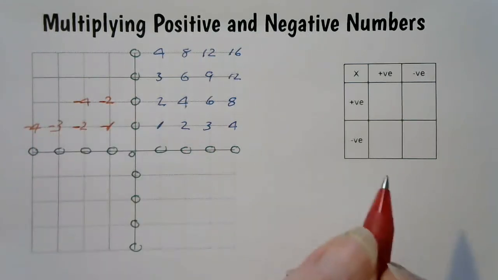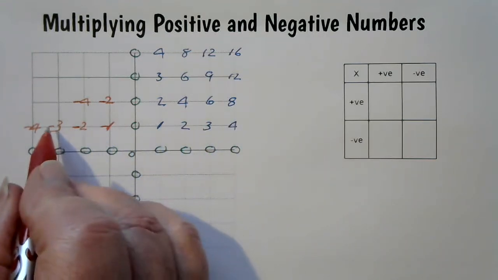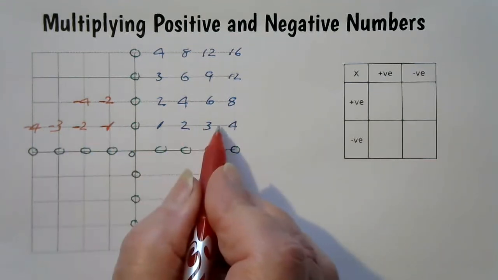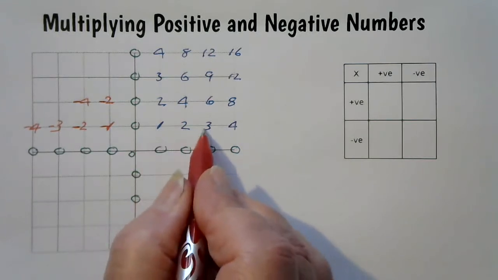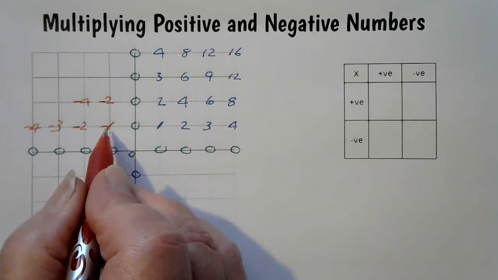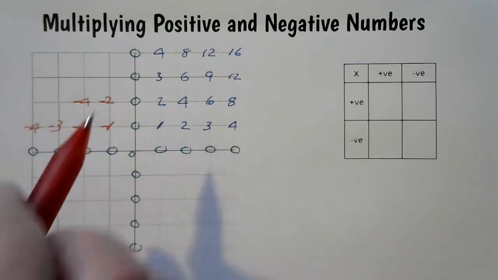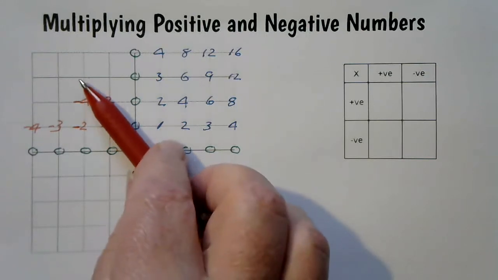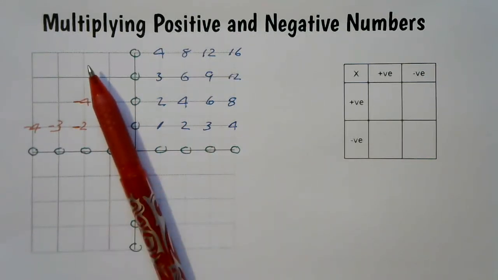Negative 4. Oh wait, I can see that the numbers are a mirror image of each other, aren't they? 1, 2, 3, 4. Going backwards. Negative 1, negative 2, negative 3, negative 4. Okay, so I can fill in the rest of this quadrant very quickly.